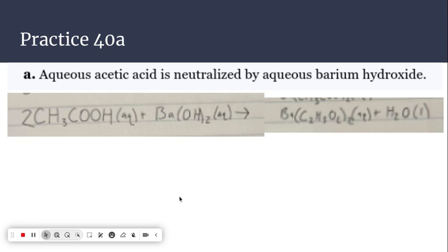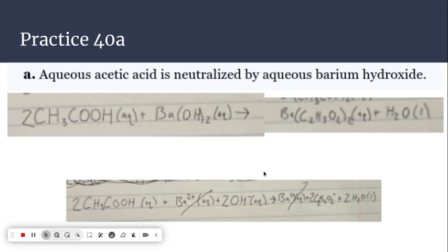Next, write out the net ionic equation. Okay, so the net ionic equation, your acetic acid is going to stay together, and then your base is going to break apart into barium with a 2+ charge and your 2 hydroxides, and then those are going to go into barium and then acetate, which has a negative charge, and then water stays together.